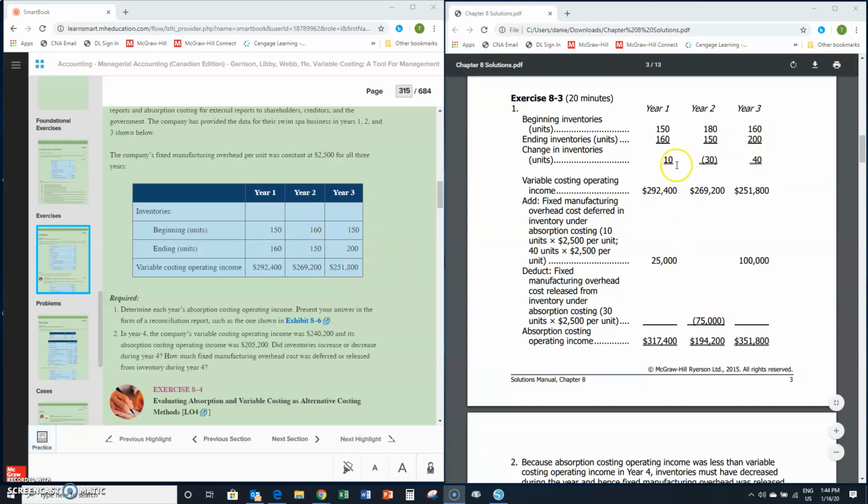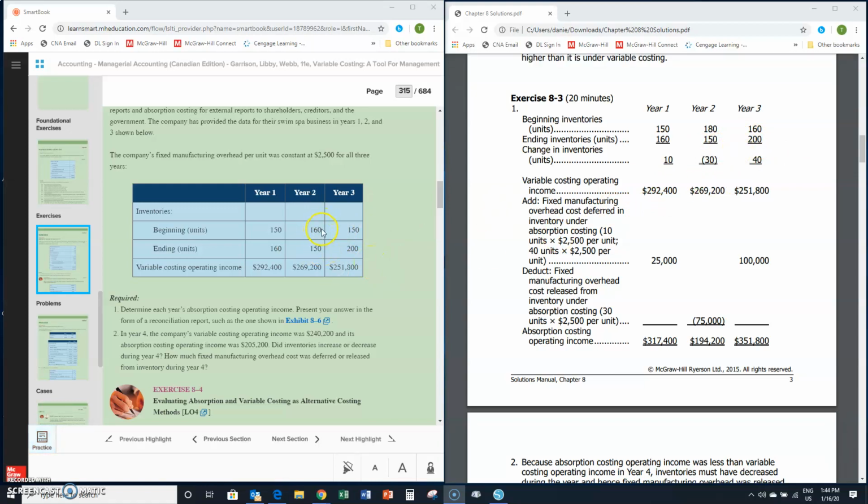Either way, the numbers are wrong if you look at the inventory, but they both went in the same direction. Here it decreased and here it increased. So it's still going to be a decrease and still going to be an increase. It's just the number is wrong, so we'll go by the numbers over here so that the calculations make sense.